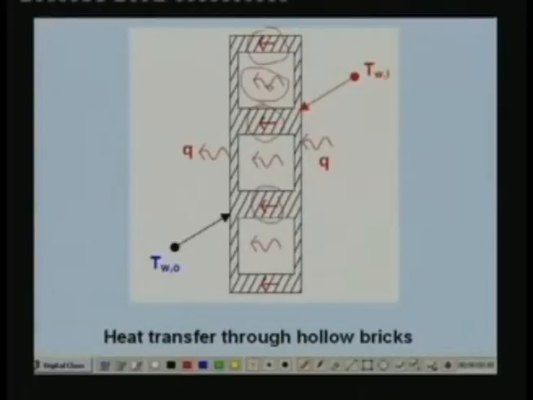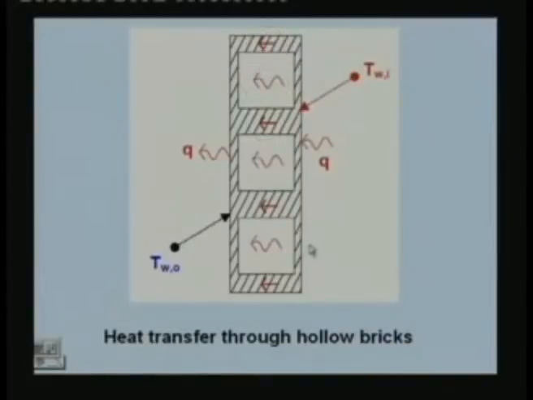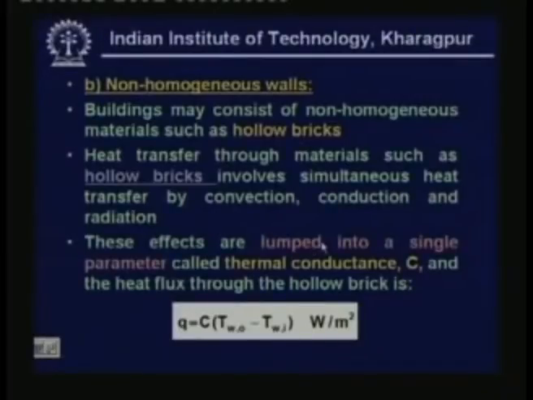For such problems, all these effects are lumped into a single parameter called thermal conductance C, and the heat flux through the hollow brick is simply given as Q is equal to C into TWO minus TWI, where TWO and TWI are the outer and inner surface temperatures of the hollow brick, and C is the conductance.